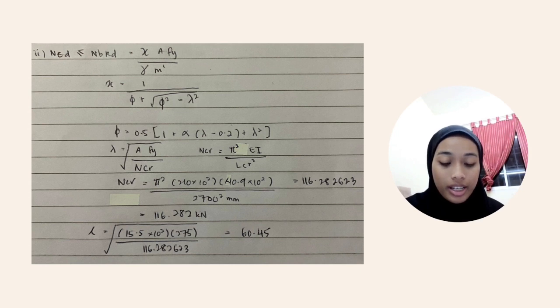So for the second step, is NEd less than NbRd? The formula is A × fy divided by gamma M1. So I got the answer is 60.45 kilonewton.